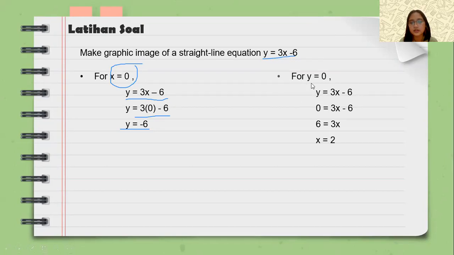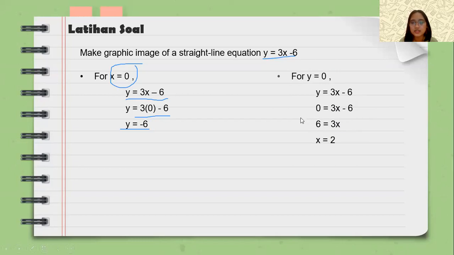And for y is equal to 0, the equation is y is equal to 3x minus 6, and we change y to 0, so 0 is equal to 3x minus 6. For that, on both sides we add 6, so 0 plus 6 is 6, and 3x minus 6 plus 6 is 3x. So we get 6 is equal to 3x.